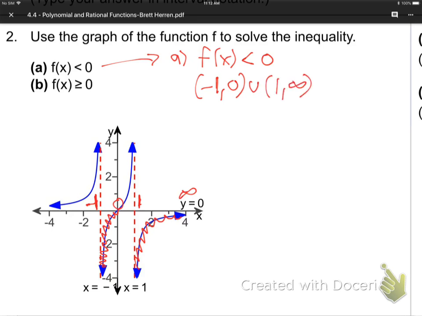Is that good so far? For where the graph is below 0, the graph is below 0 between -1 and 0, and between 1 and infinity. I'm always getting x values. This is left edge, right edge, x values. Those are intervals.